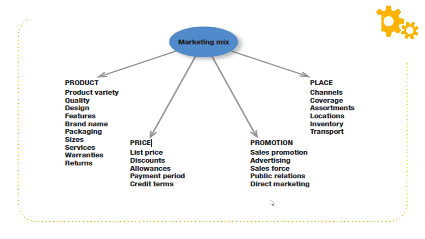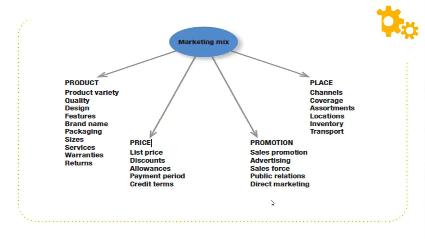Credit terms, what type of credit terms you are offering to your customer? In industrial sales, there are organizations who demand 30 days credit, 60-day credit. These are their standard terms, and you have to abide by their terms if you want the order, right? And the same is applicable to consumer business, because if somebody does not have the money to pay immediately, he will take help of any finance company, and he will pay on EMI basis to that company. So this is also one of the major points while considering the pricing.